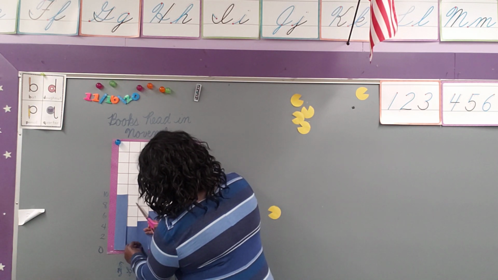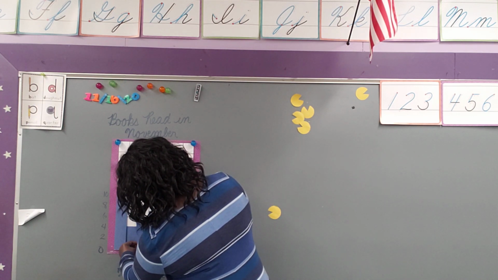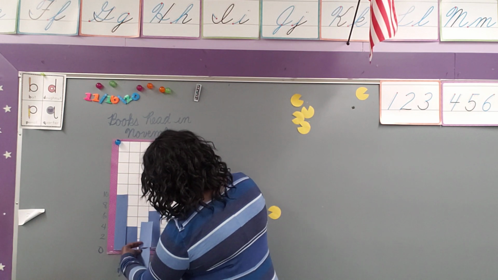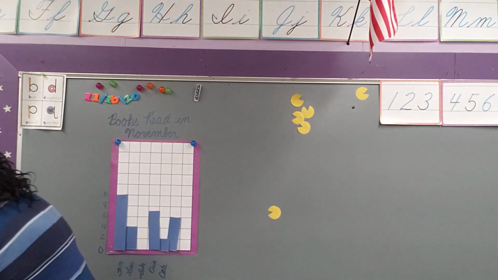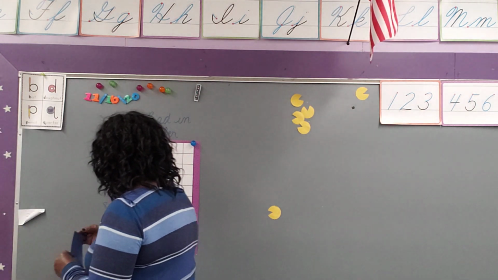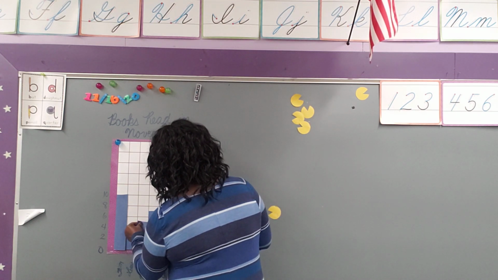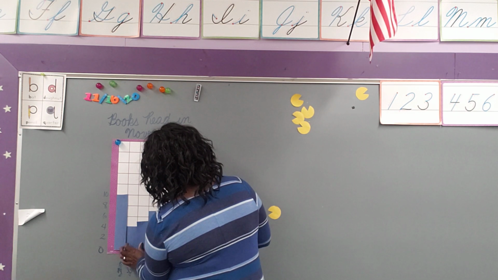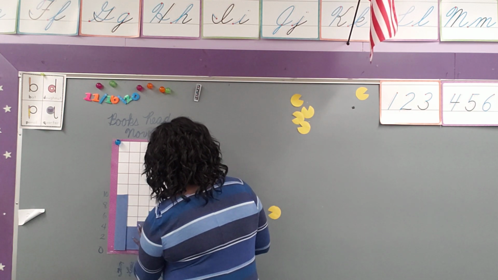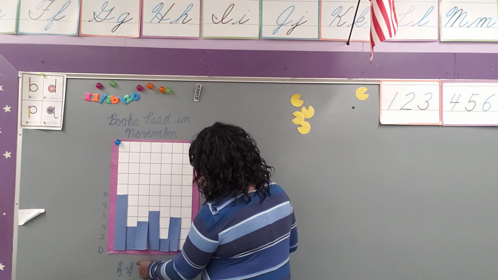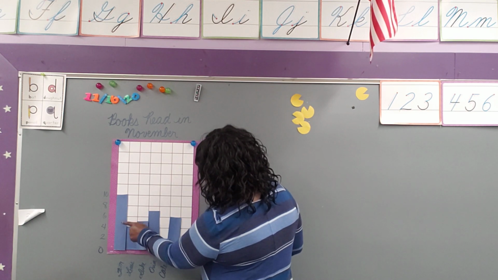So I'm going to cut it off here so I can have the right fit for it. And I'll stick it where you told me, in between the number 4 and 6. And that shows me that Luke read 5 books.